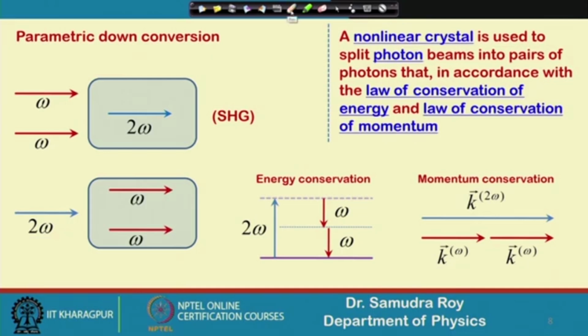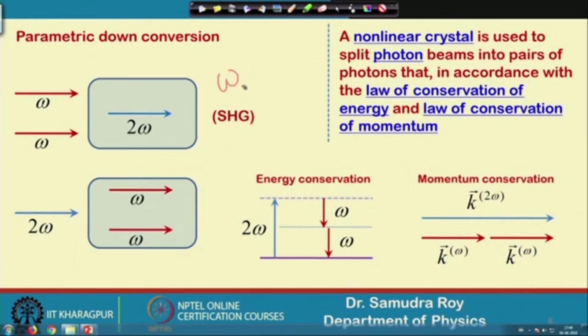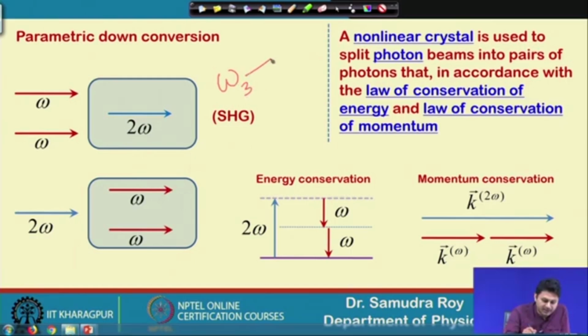So, in general, if I write omega 3 as a photon, it is divided into 2 photons, omega 2 plus omega 1. So, from one photon I can generate 2 photons, but the generation should be in such a way that the laws of energy and momentum are conserved.